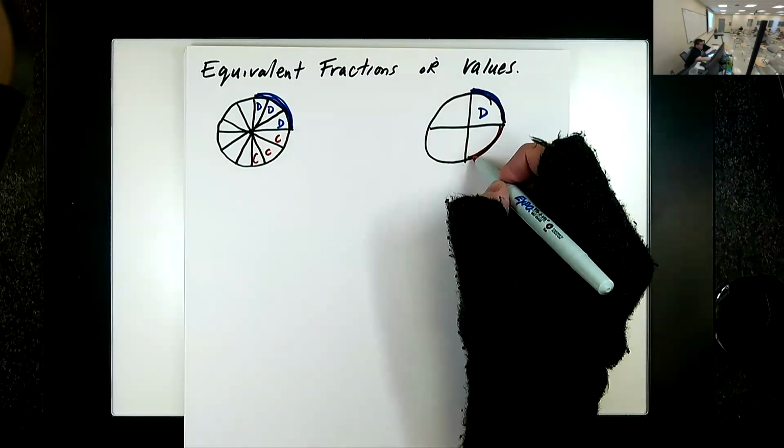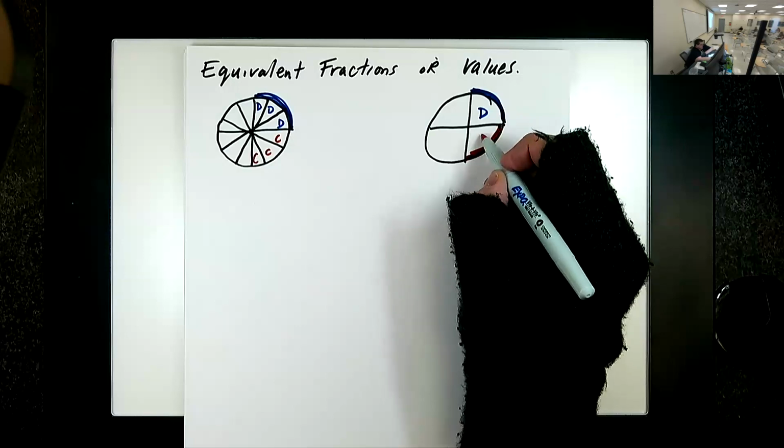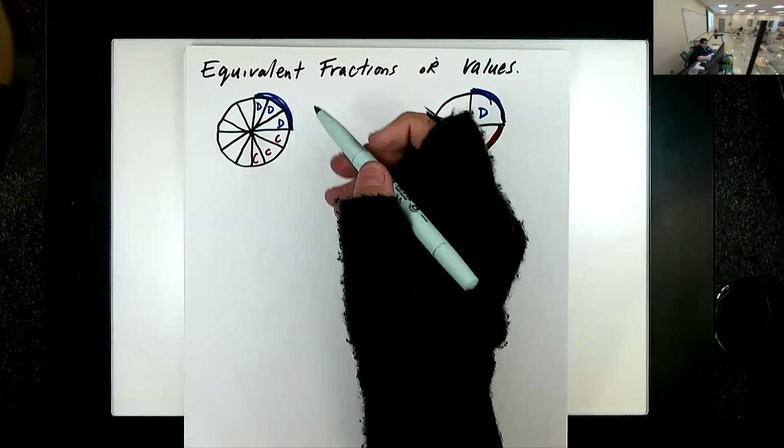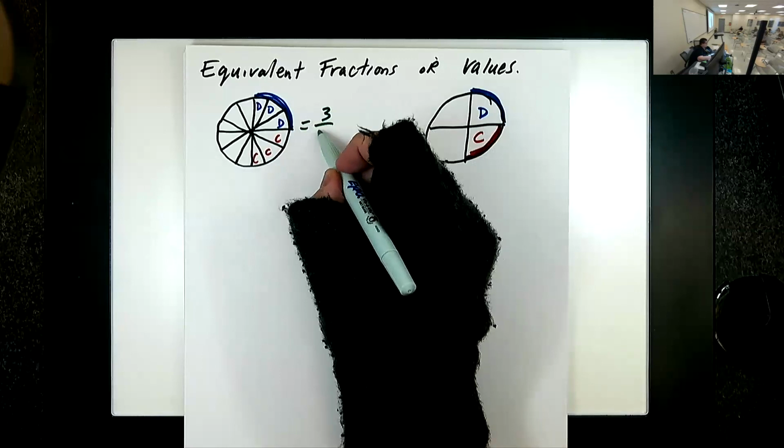And over here, that's the equivalent of this part. On the left, if we look at the values, it's 3 out of 12, right? We each had 3 pieces out of 12 pieces.